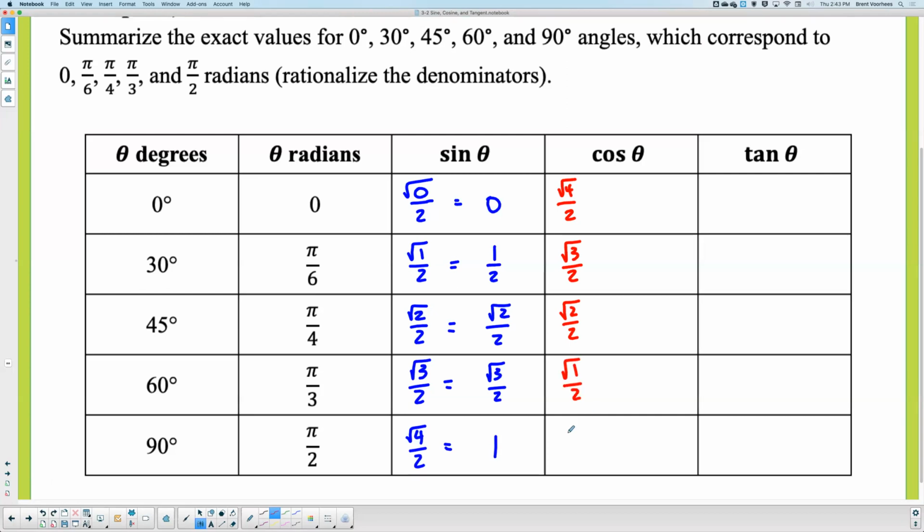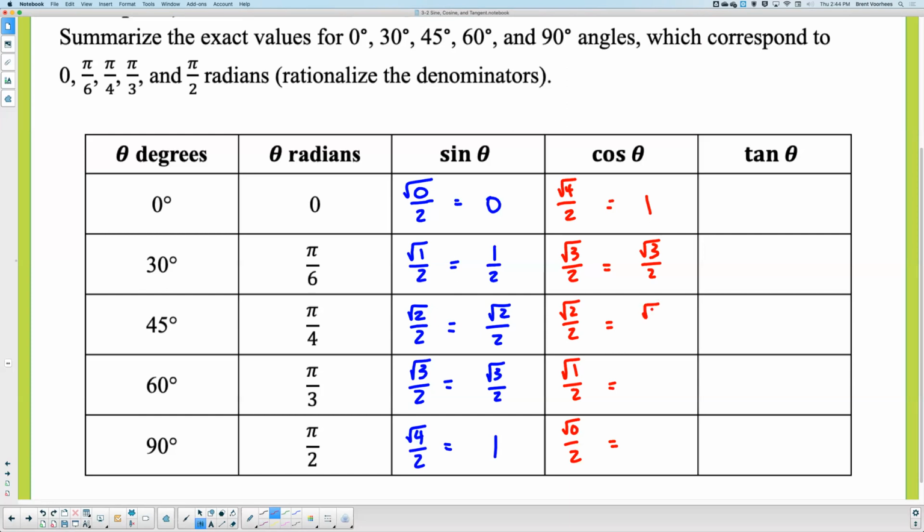And finally, square root of 0 over 2. Now we'll simplify. What is the square root of 4 over 2? What is the square root of 4? 2. 2 divided by 2 is 1. This does not simplify. Square root of 3 over 2 stays.